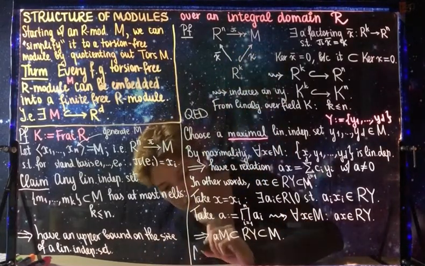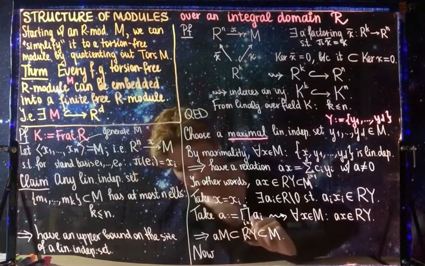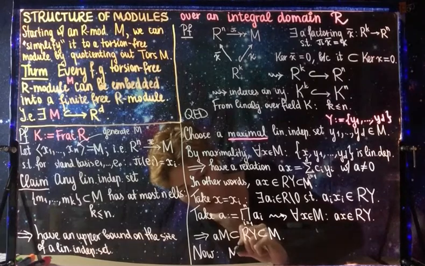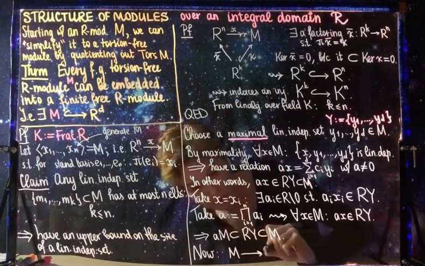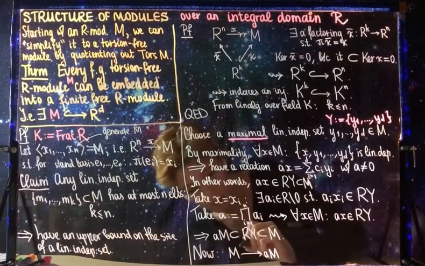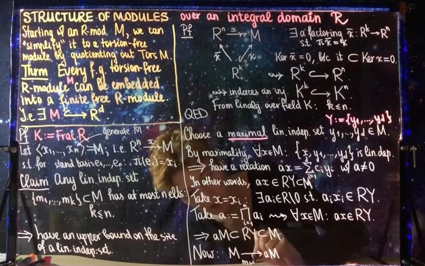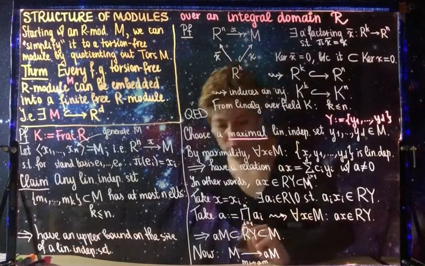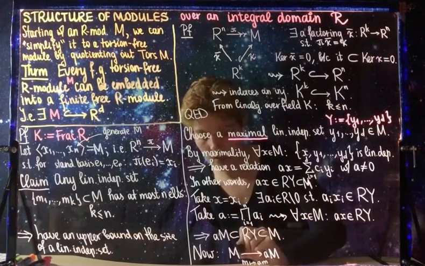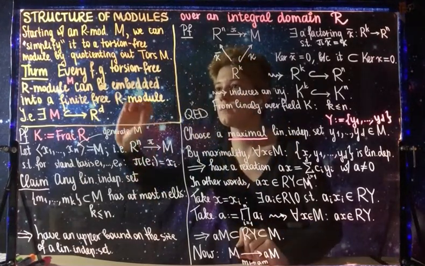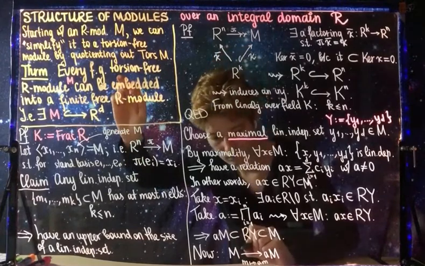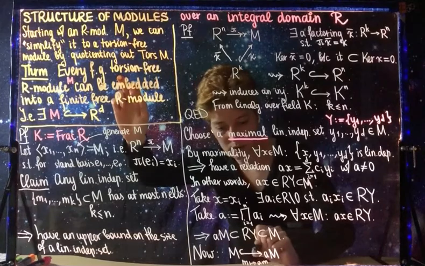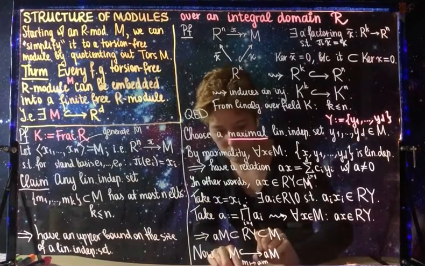But now consider the composition where I take M to aM by multiplying every element by a. Because a is non-zero and M is torsion free, this is an injection because no element goes to 0.